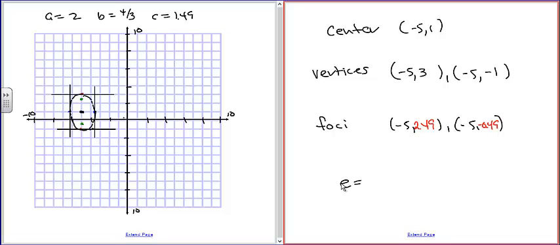And the eccentricity is equal to C over A. C is 1.49, A is 2. So that's 0.745.